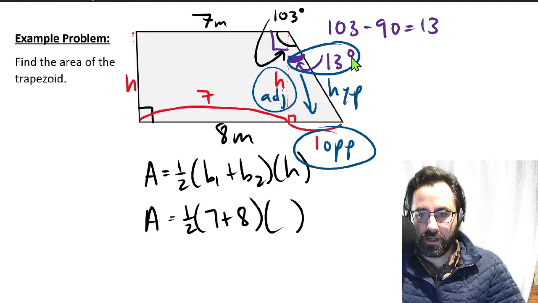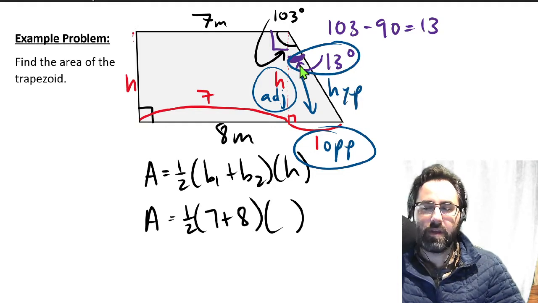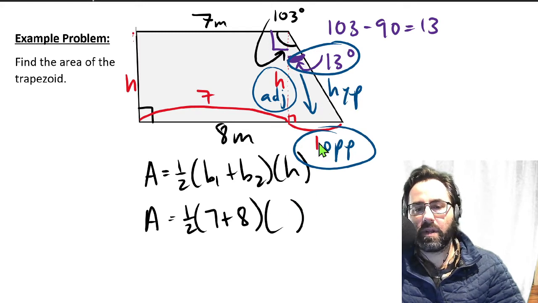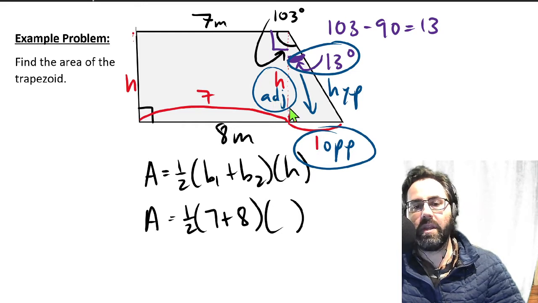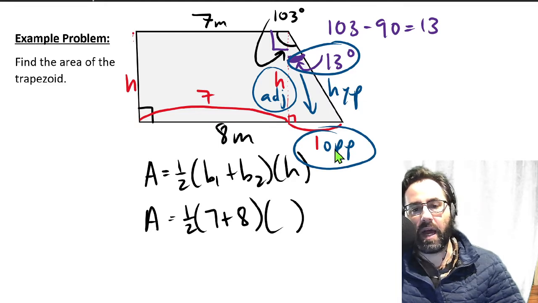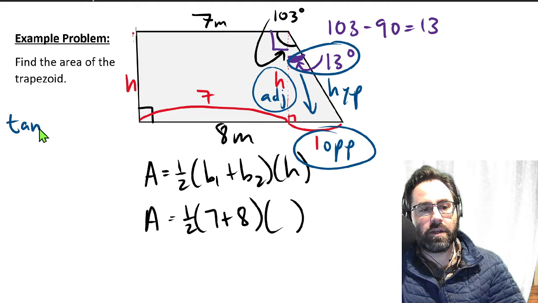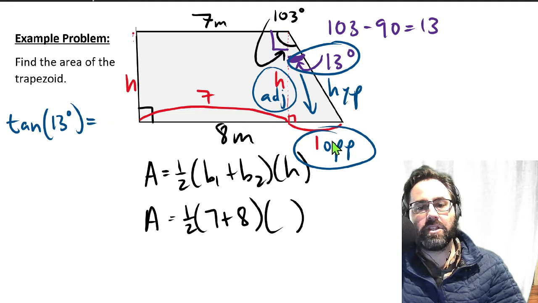The 13 degrees is not the hypotenuse, the 13 degrees is the angle. So let's finish this off. What's the height? Well, we're going to use opposite and adjacent because we have the length 1 and we're looking for the side h. Hypotenuse is not going to get used here, and opposite and adjacent is tangent. So we can say that the tangent of our angle, which is 13 degrees, will equal our ratio of opposite to adjacent, which is 1 over h.